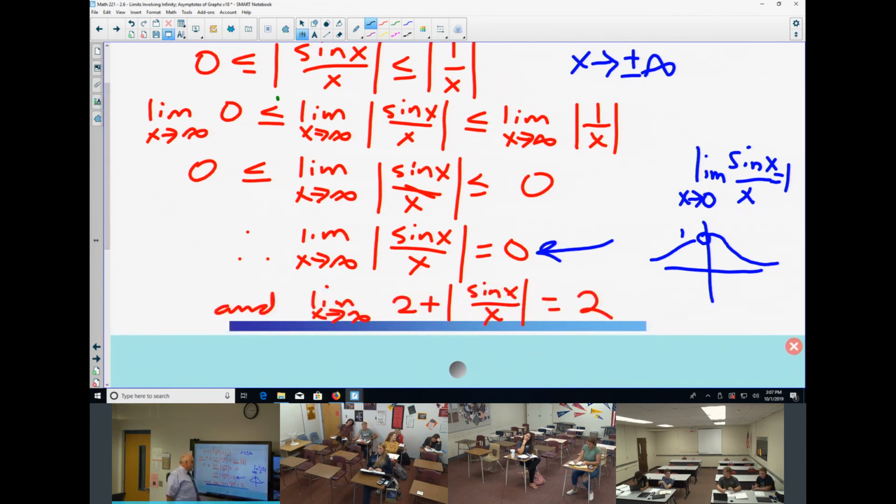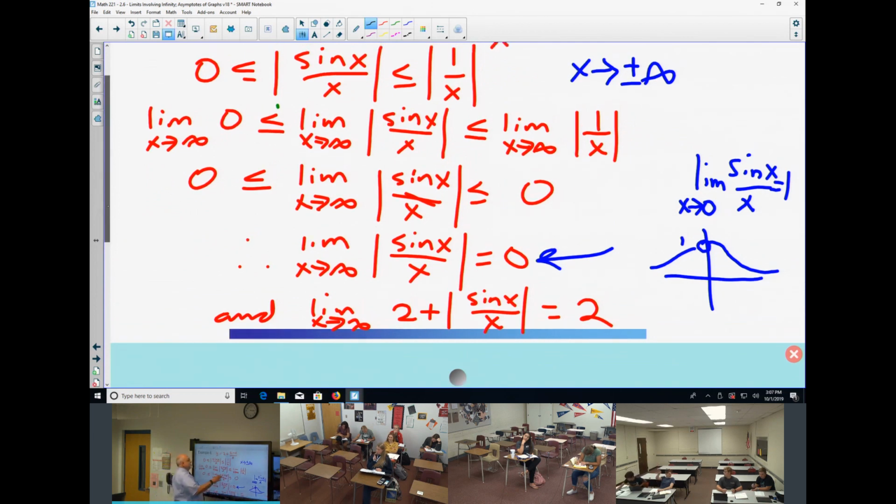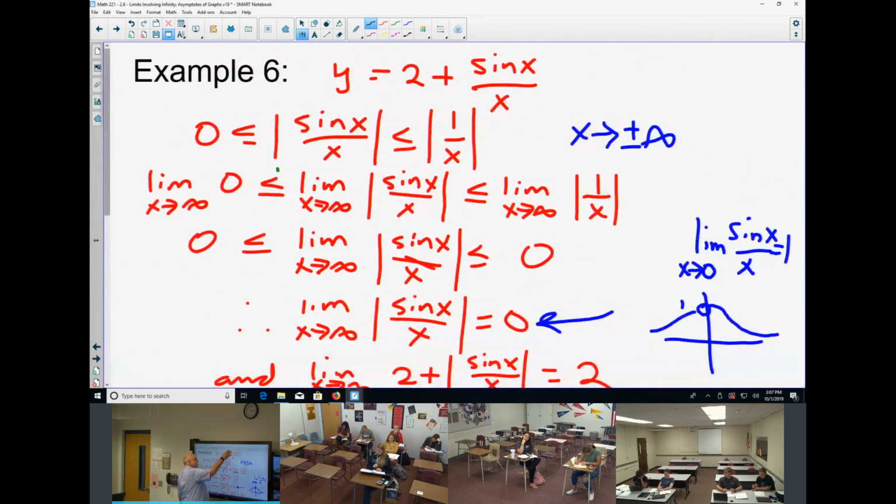So then if this limit is 0, then the limit of 2 plus 0 is going to go to 2. So what I did is I used the sandwich theorem to get this right here.